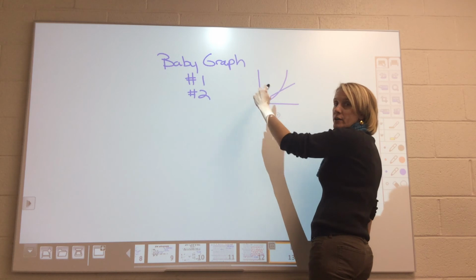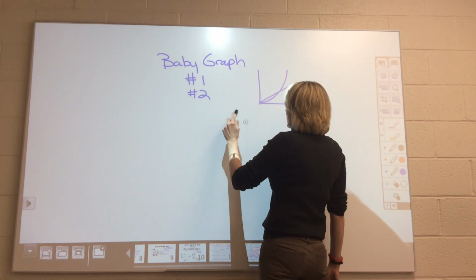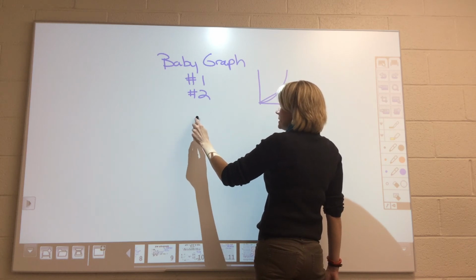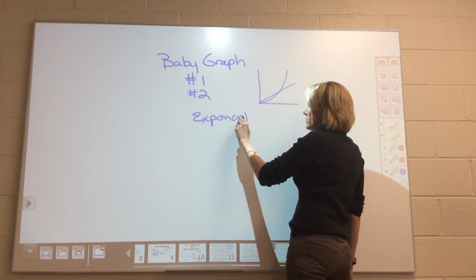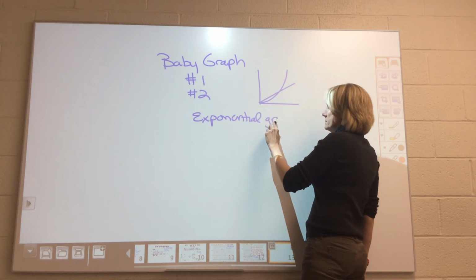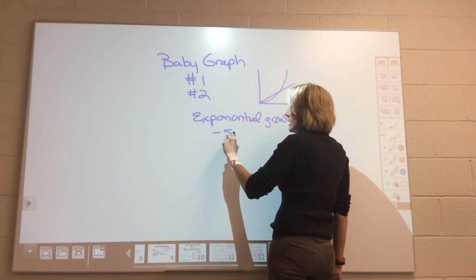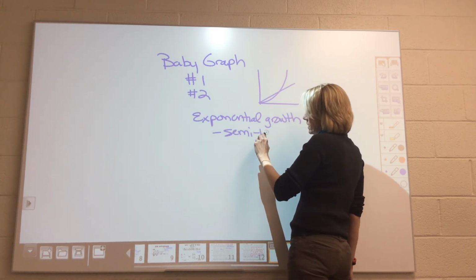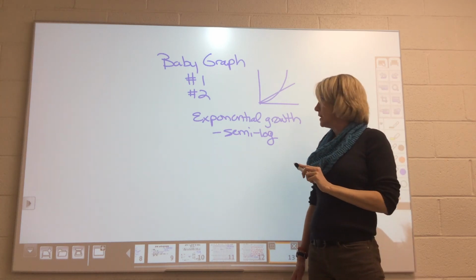And make sure you put all your correct axes labels, right? So that's going to be the first thing. And then you're going to take the baby that has exponential growth, okay? And you're going to graph it using that semi-log graphing paper that we just talked about. So there's some semi-log paper in your lab manual.